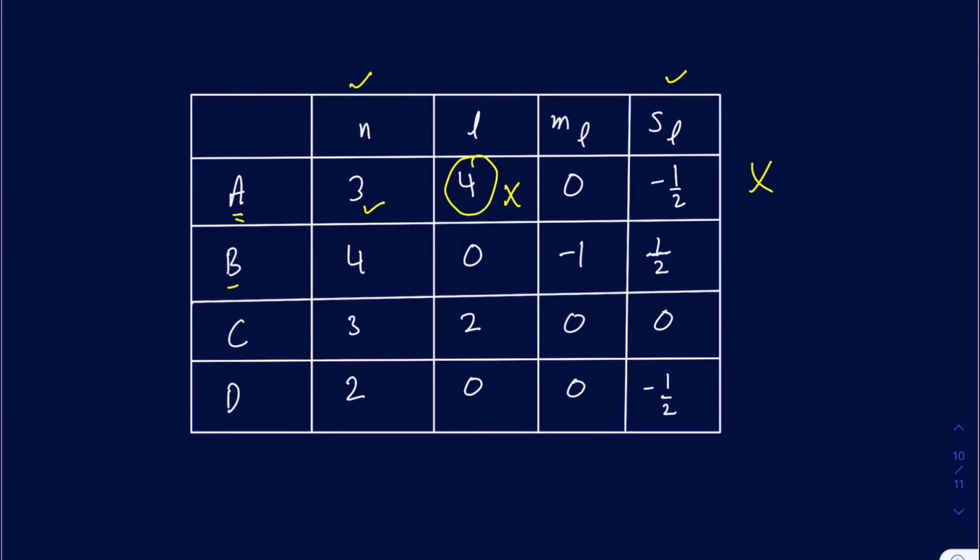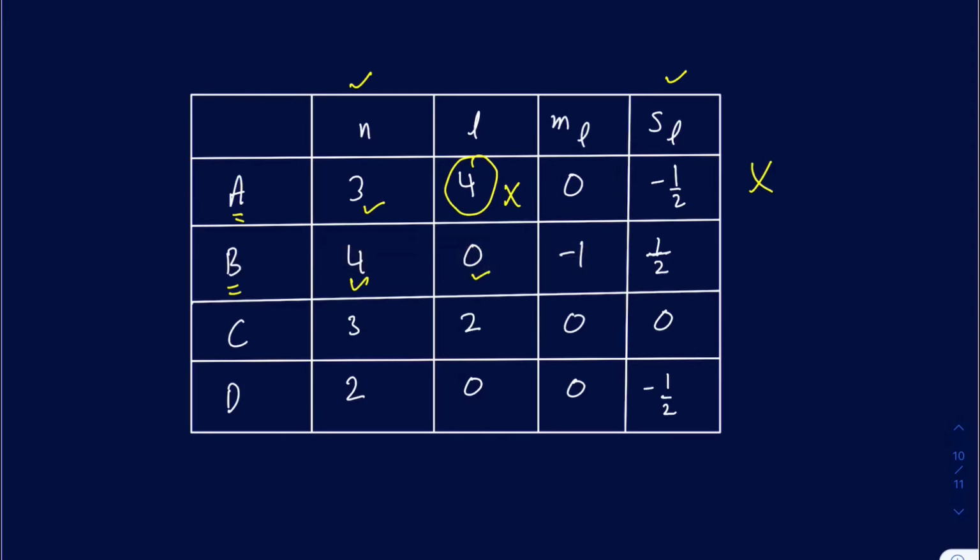What about the second one, B? The value of n is 4. The possible values for L are 0, 1, 2, and 3. You're not going to get all of those possible values. If you have one of them, that's fine. In this case it's 0, so that's good. Now the value of m sub L is dependent on the L value.